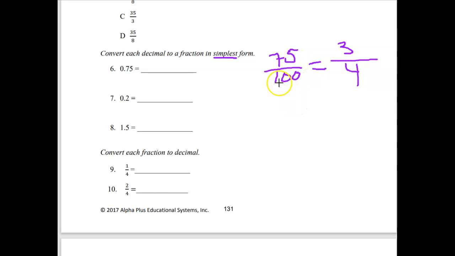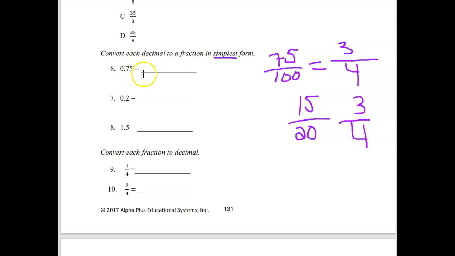Okay, so if I needed to do it by fives, 75 divided by 5 is 15. 100 divided by 5 is 20. But you can see that these can still go smaller because we can break this down again. How many times will 5 go into 15? 3 times. How many times will 5 go into 20? 4 times. So 3/4.